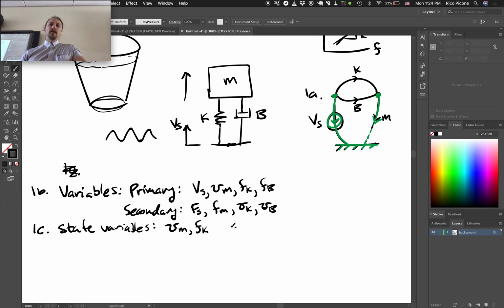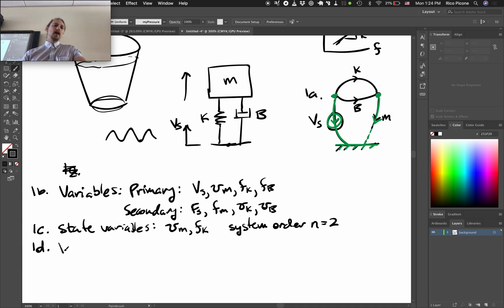So what is the order of the system? It's equal to the number of state variables. N equals 2. 1D, we need to put them in standard form.